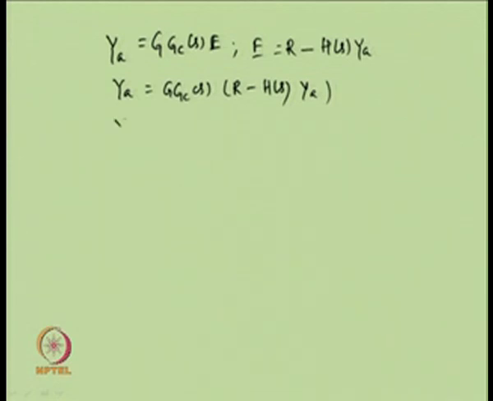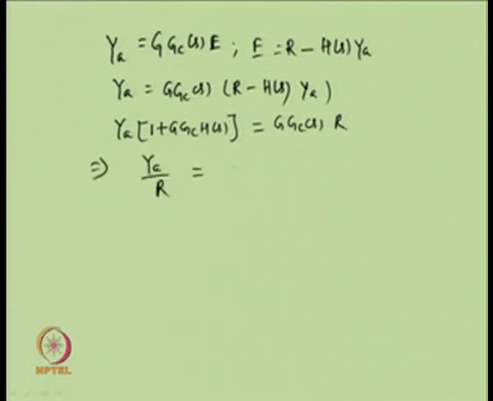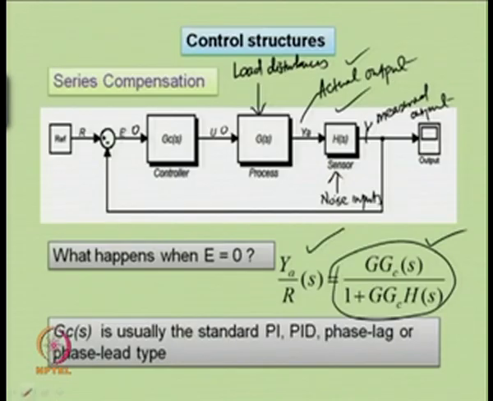Upon simplification, we get Y_A (1 plus G G_C H(s)) equal to G G_C(s) R, which implies Y_A upon R equal to G G_C(s) upon 1 plus G G_C H(s). This is what we have got in the previous slide.